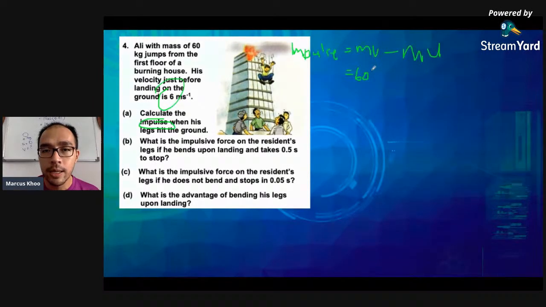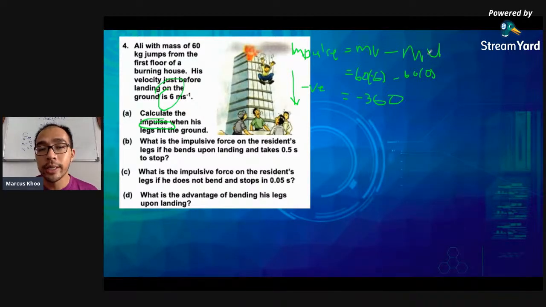So mv is 60 times 6. I'm going to write this as negative 6 because all this while we've been talking about downwards as negative. Minus 60 times 0. So we're going to get the impulse of negative 360.